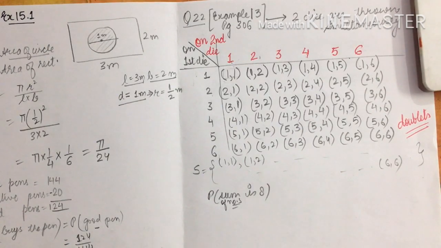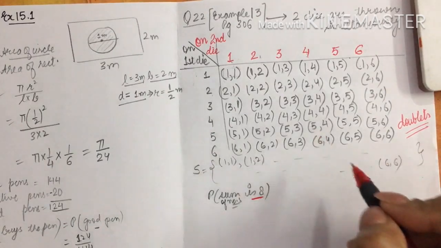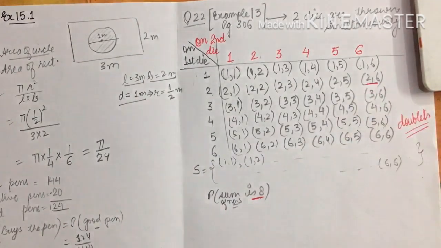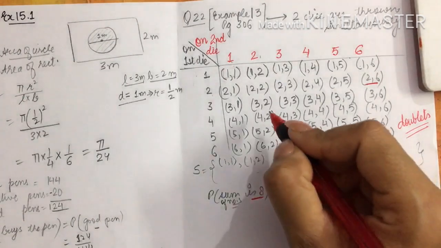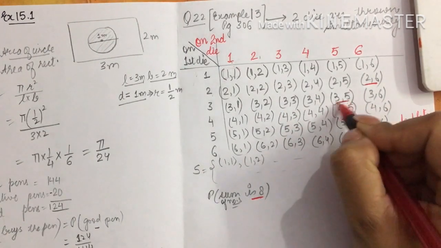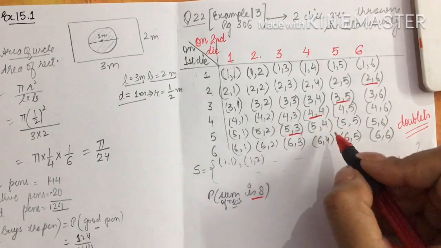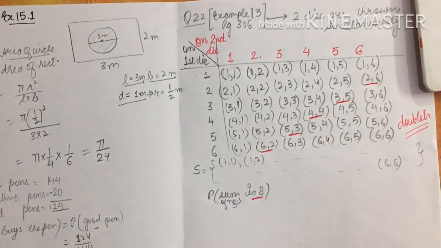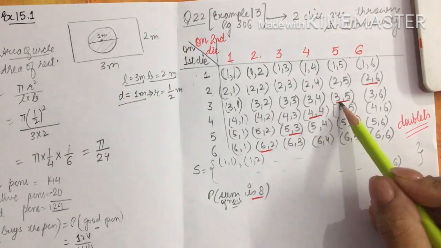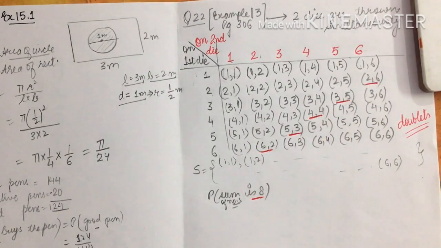Let's mark those. I'm going to mark those in red. Sum is 8. So I have got 2, 6, sum is 8, 5 and 3, 4 and 4, 3, 5, 5, 3, then 6, 2, that's it. So there are 1, 2, 3, 4, 5 outcomes in which the sum formed is 8.